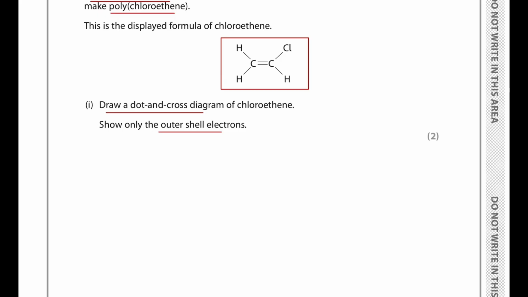Okay, so we have carbon here with 4 outer shell electrons. 1, 2, 3, 4, and we have hydrogen here having 1 electron.